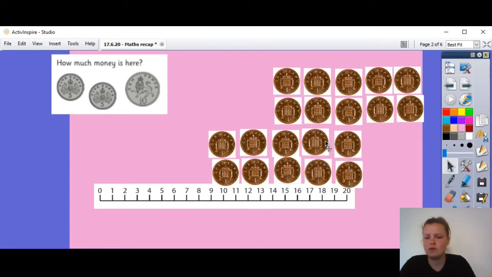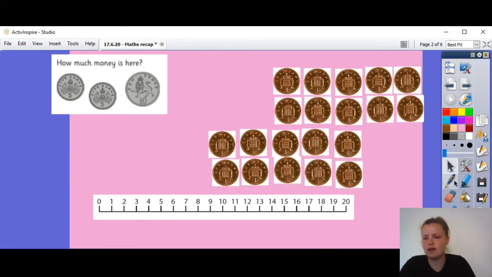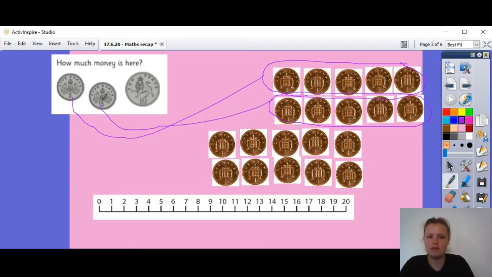Let's have another look at this now. I know that these 5 ones are the same as the 5p. These 5 ones are the same as this 5p here, and these 10 ones are the same as this 10p here.